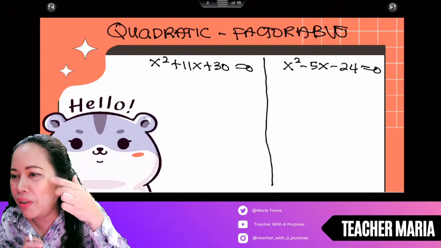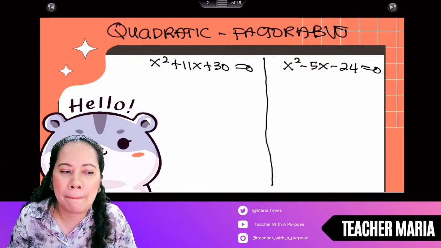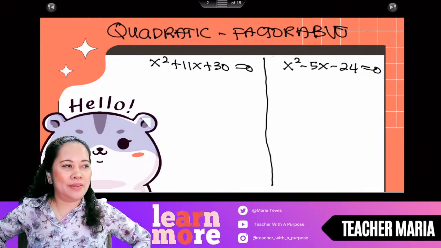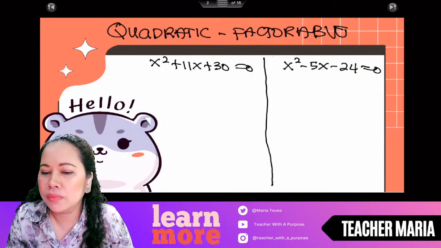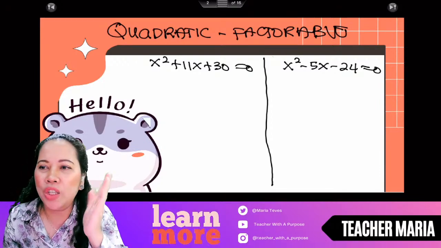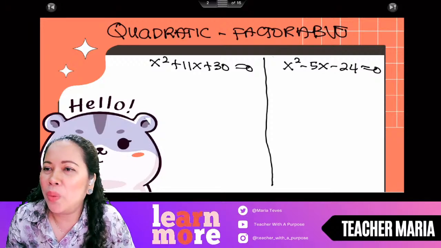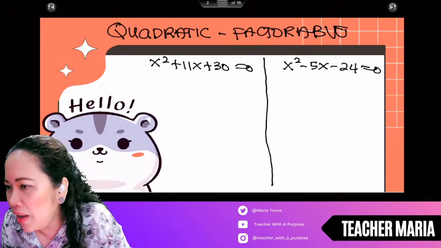What is the factor of 30 that will give you 11? You can use any method. You can use the square method, the one that we did last time. Yes, it's 5 and 6.